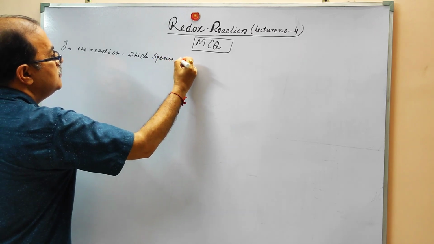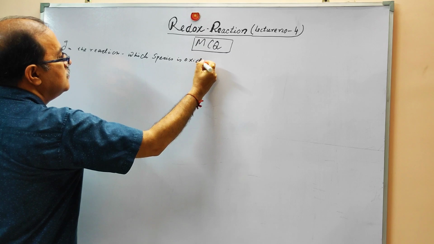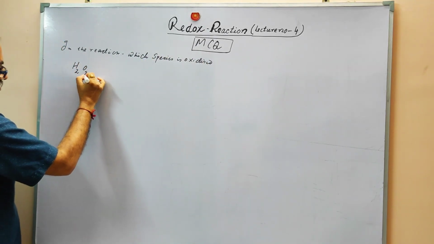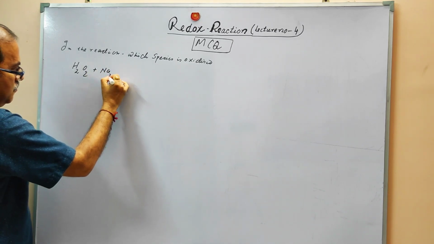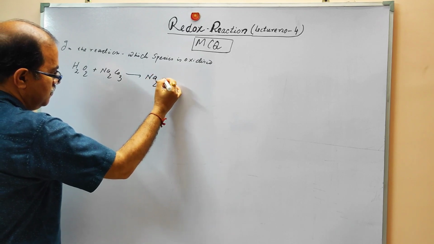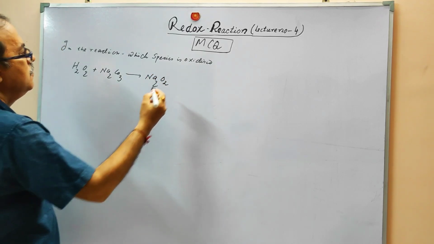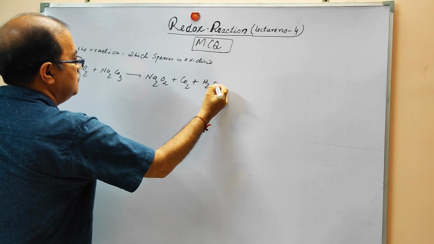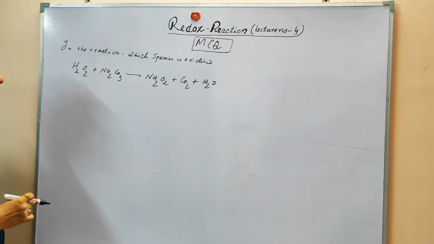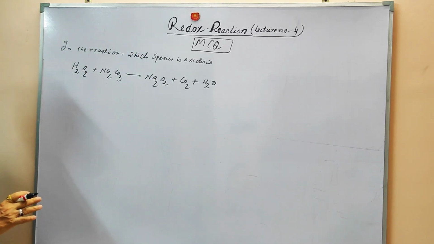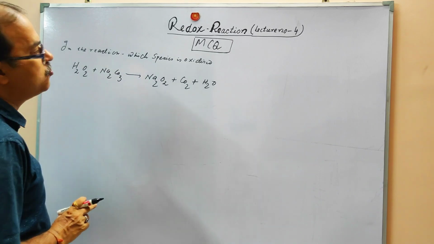The equation is H2O2 plus Na2CO3 giving Na2O2 plus CO2 plus H2O. This is a balanced chemical equation, and you have to see which species has been oxidized.